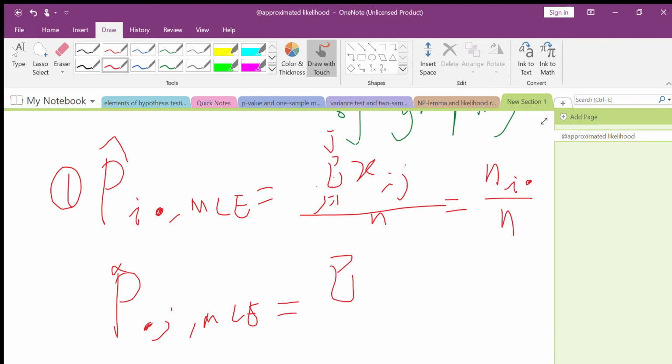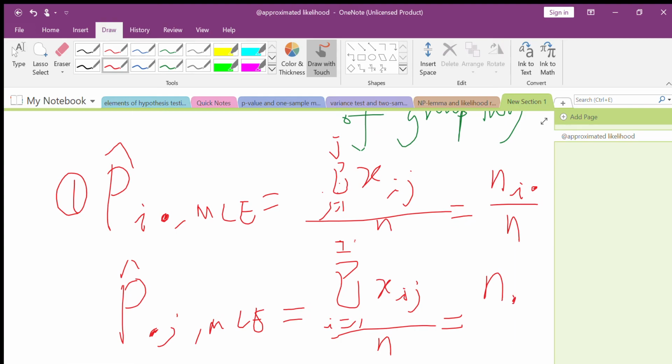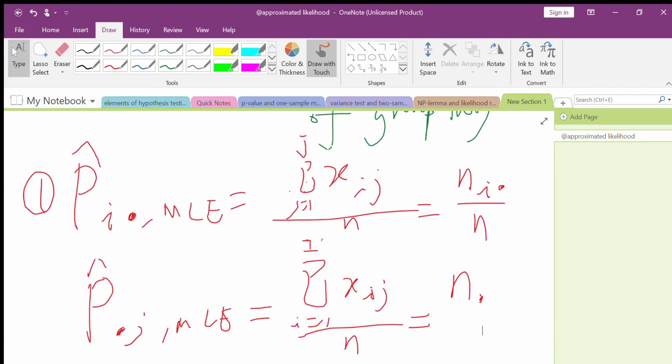We just sum i from 1 to capital I of small xij divided by n, and we give the numerator a new notation, n dot j, associated with p dot j hat, so it is n dot j divided by n.